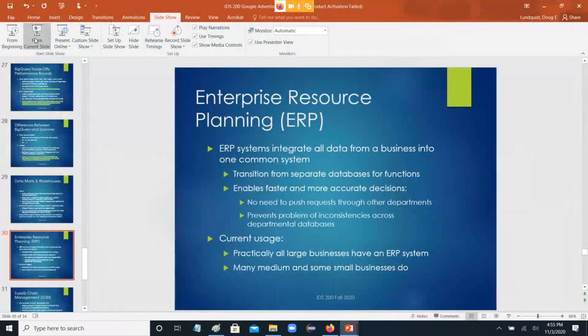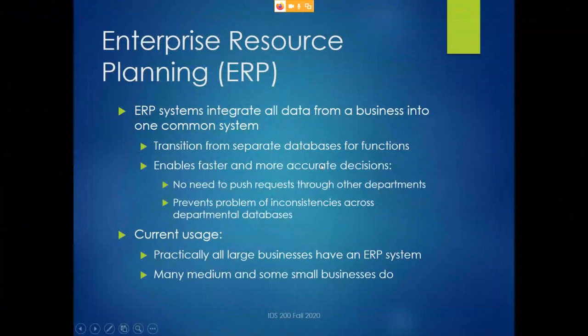Okay, so where we are right now, most of the big businesses in the world have an ERP system, and even most medium and some small businesses do now as well. Where businesses once had many separate databases for different functional areas, now all those databases are being brought together under one umbrella, that is the ERP system, so that questions can get processed quicker.